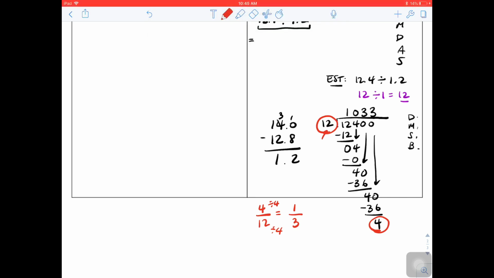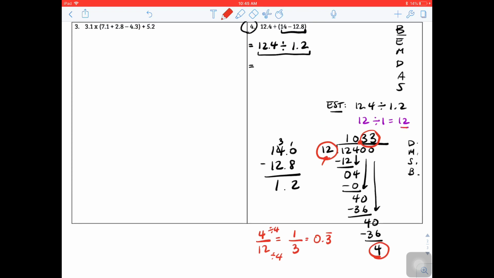Now think to yourself, 1/3 as a decimal is actually 0.3 repeating, which is what you're going to end up with here. Remember our estimate is around 12. I know the decimal place has to go between the 0 and the 3 because 10 is closest to 12. Therefore, your final answer is 10.3 repeating.